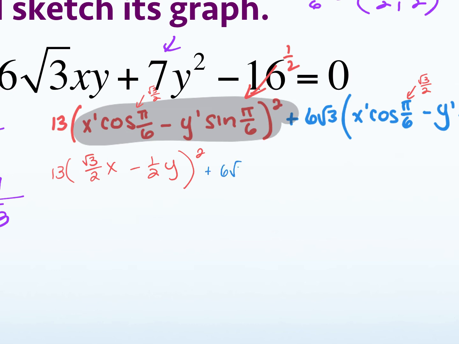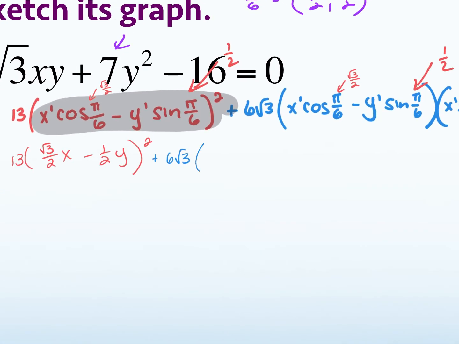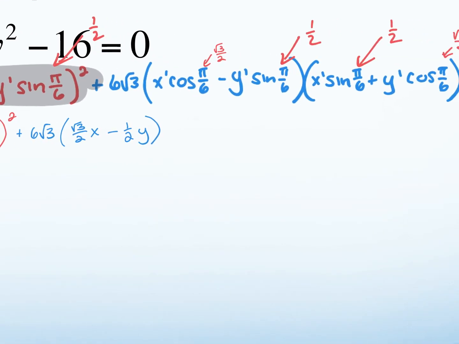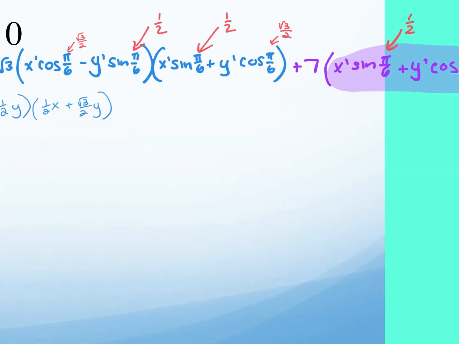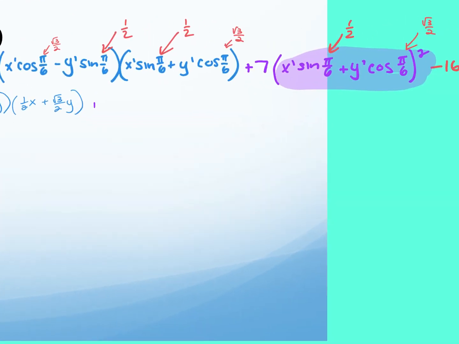Plus 6 root 3 over 2 x minus 1/2 y, times 1/2 x plus root 3 over 2 y. Plus 7 times 1/2 x plus root 3 over 2 y squared, minus 16 equals 0.